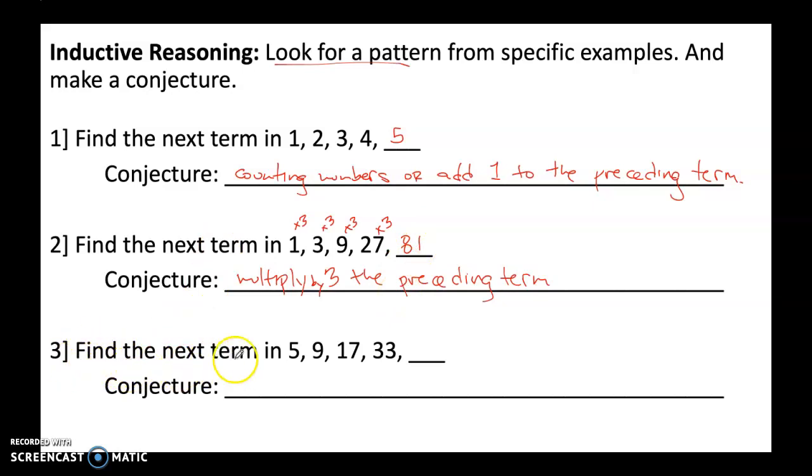Number 3: Find the next term in 5, 9, 17, 33. How can we get the 9 from 5? We need to look for a pattern. Then how can we get 17 from 9, as well as 33 from 17?